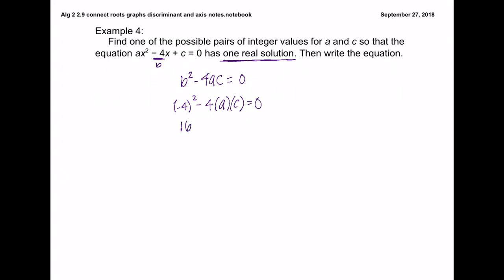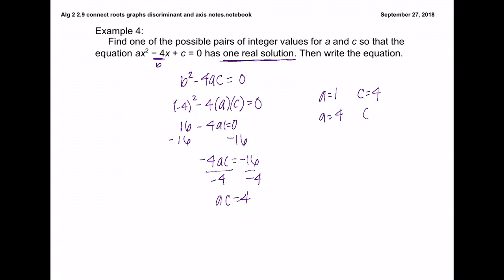So 4 squared is 16. When we use our inverse operations, we get negative 4ac is equal to negative 16. Divide by negative 4. We get a times c is equal to 4. So if we wrote an equation, a could equal 1, c could equal 4 to multiply to get 4. a could equal 4, c could equal 1, a could equal 2, or c could equal 2, are combinations of numbers that could get us a positive 4.